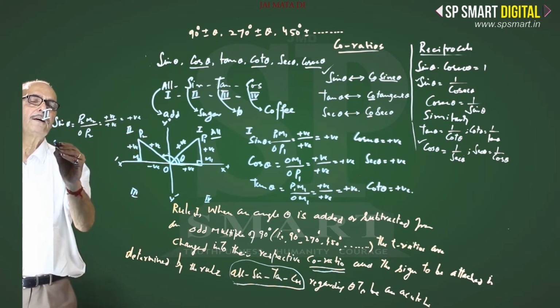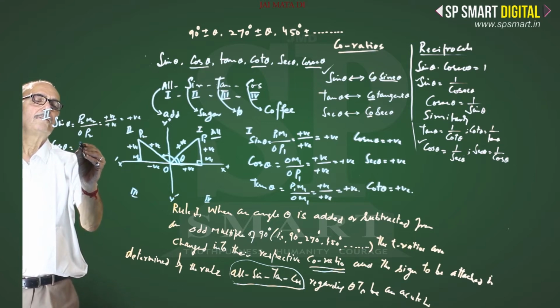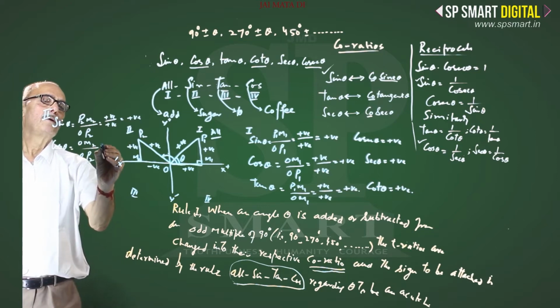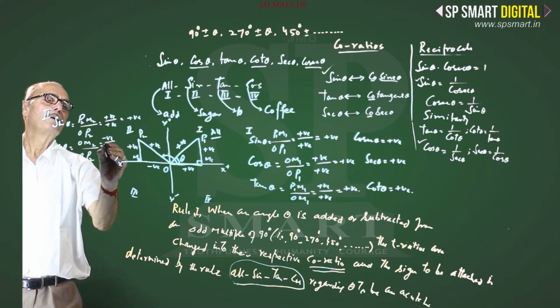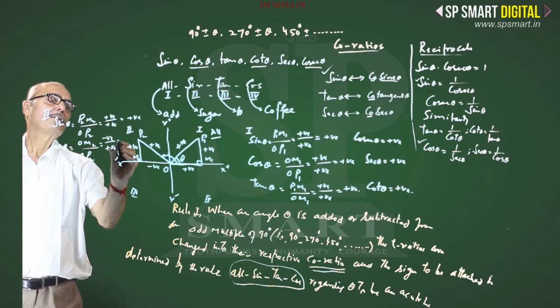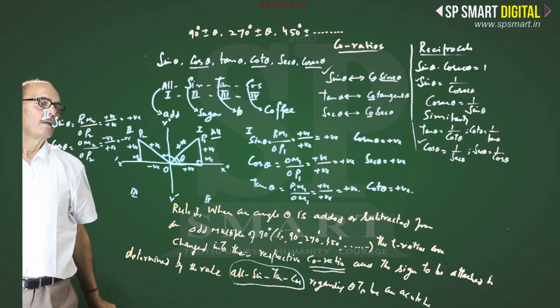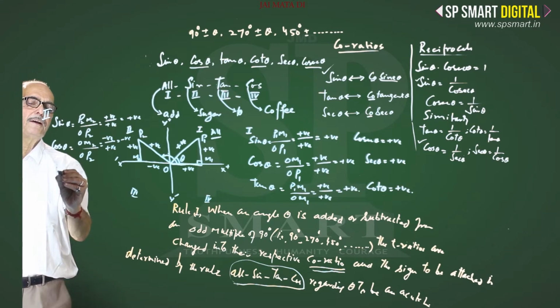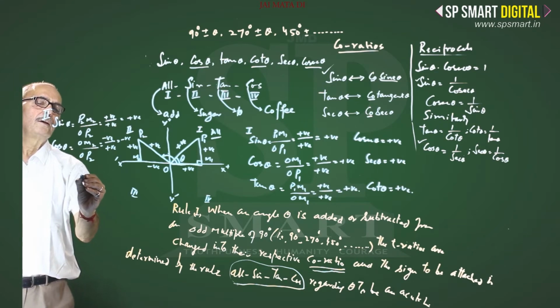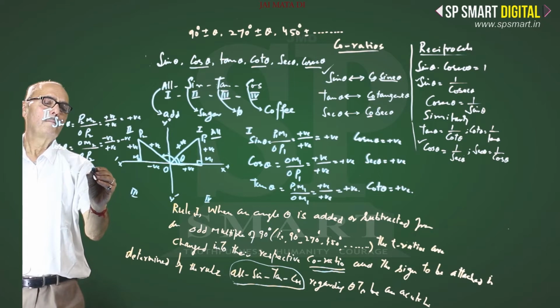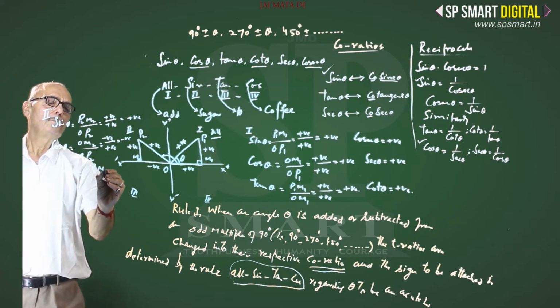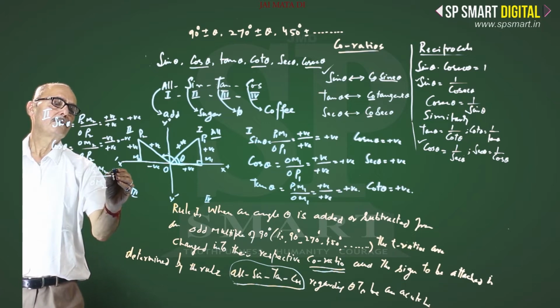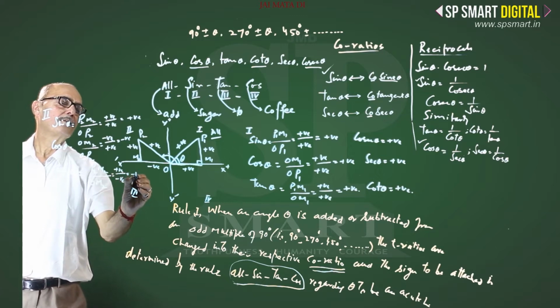If you take cos theta, this is OM2 based upon hypotenuse. So this is negative, this is positive, the result is negative. And tan of theta equals P2M2 upon OM2, and this is positive, this is negative, the result is negative.